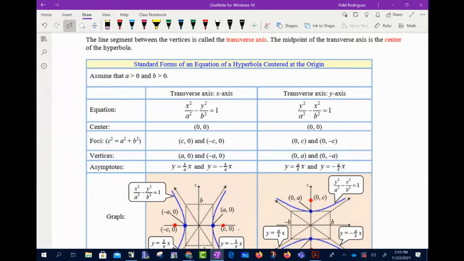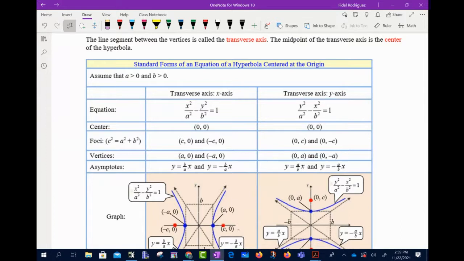The equation is x squared over a squared minus y squared over b squared equals 1. The center is 0, 0. The hyperbola does not actually pass through the center. It passes through the vertices, but not the center. Even with the ellipse, it didn't pass through the center, right?